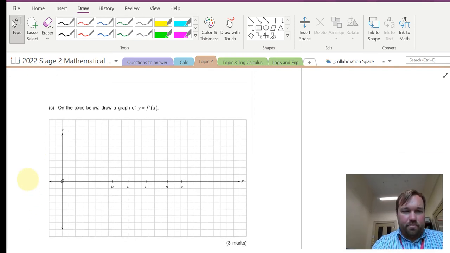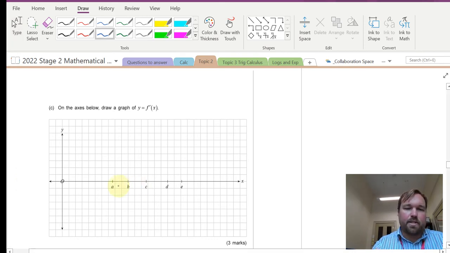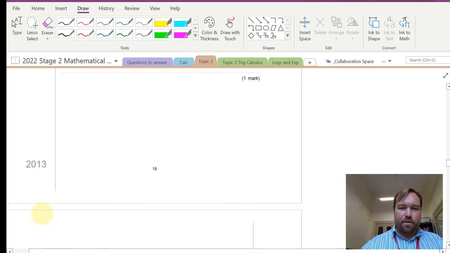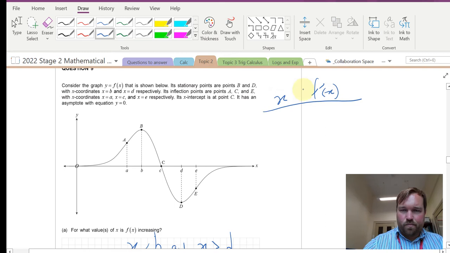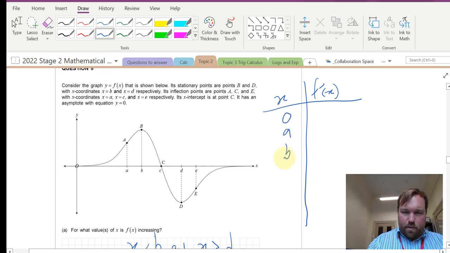Draw the derivative. All right. Once again, our plan is to basically draw a table for these values, a, b, c, d, e, and approximate the values of the derivative. So our x values and our f dash x. If I were to say 0-ish, and then a, b, c, d, e, well, there is no f, but as it goes on, we'll write an f.